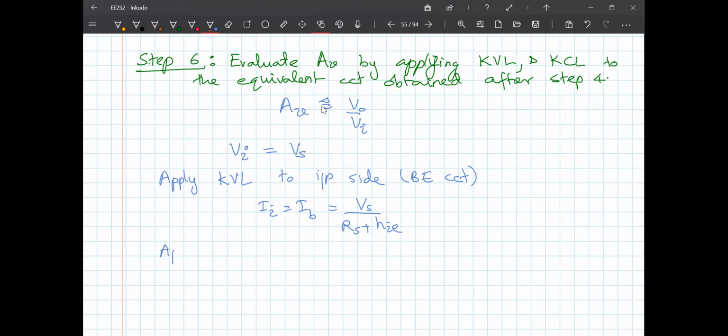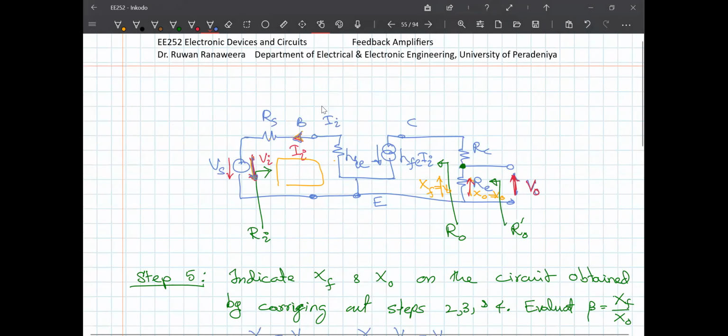If I apply KVL to the output circuit, in other words the collector emitter circuit, this circuit, the output current is this current times this plus that, equal to the voltage as marked.